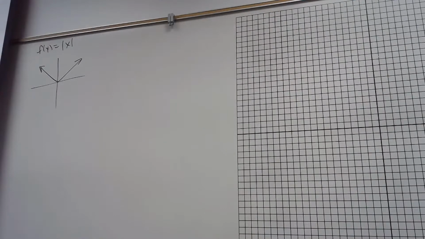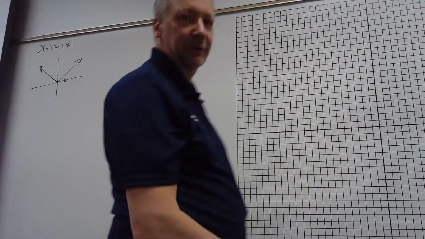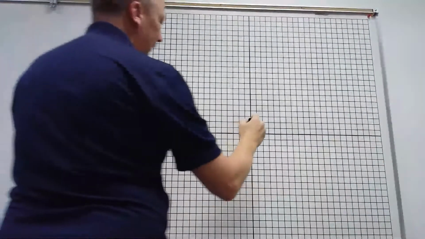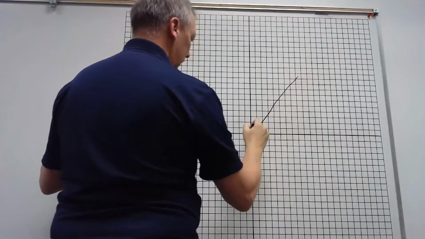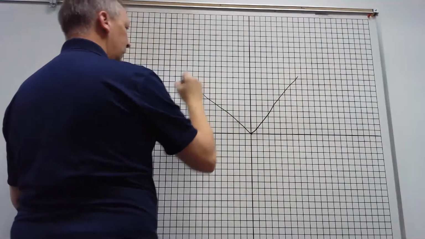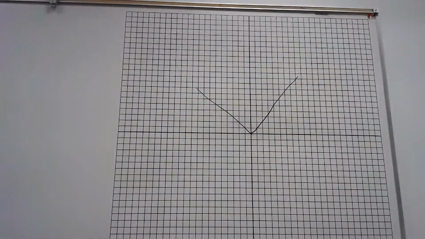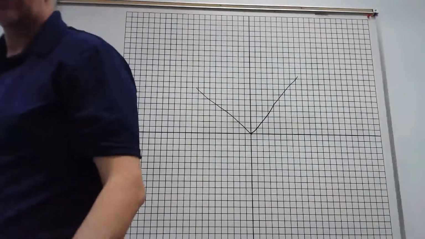It goes through 1, 1. I should draw it over here so it'll be accurate. 1, 1, just like that. A giant V.